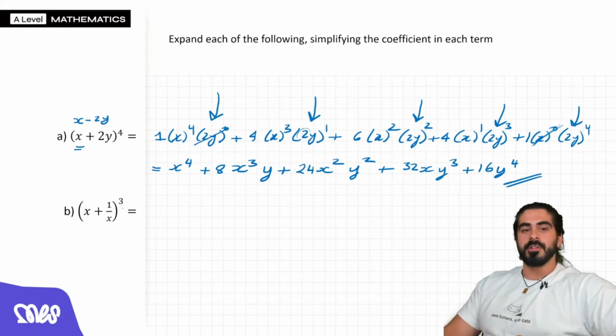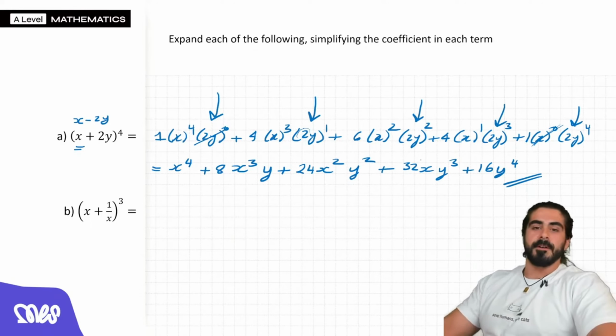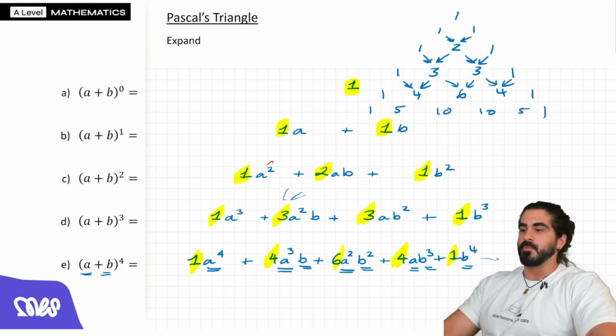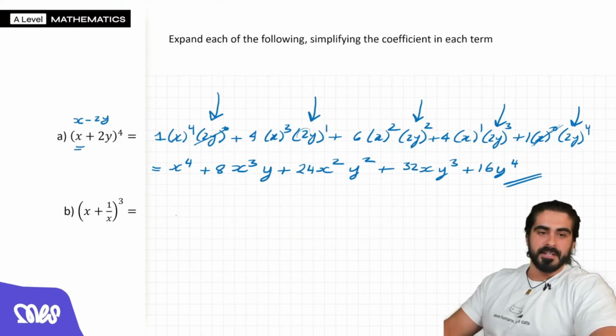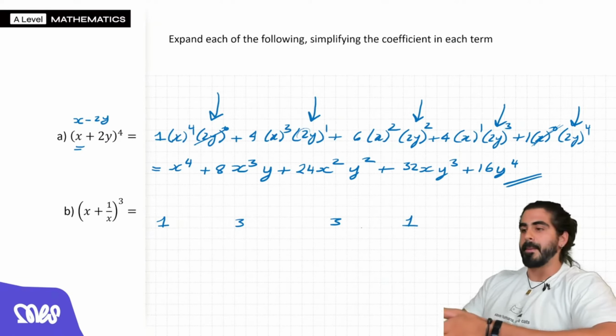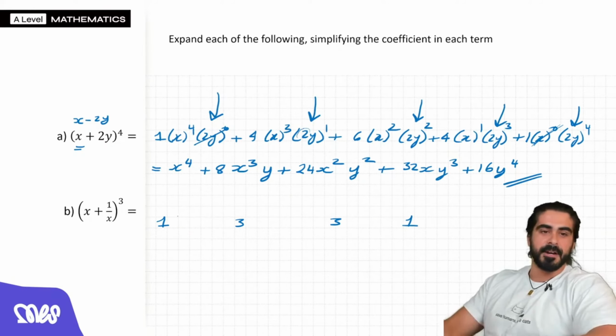So next one, we're doing power 3. If I was to refer back to Pascal's triangle, power 3 is 1, 3, 3, 1. We just write that down, just so I don't write over everything else. 1, 3, 3, 1. Remember, one's going to go up in power, one's going to go down in power.